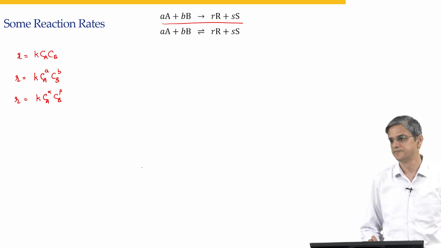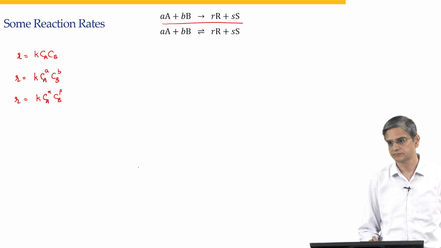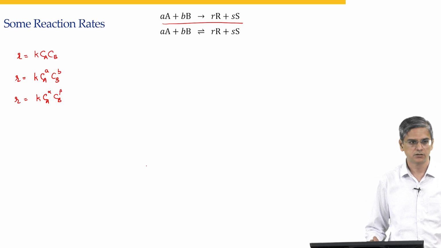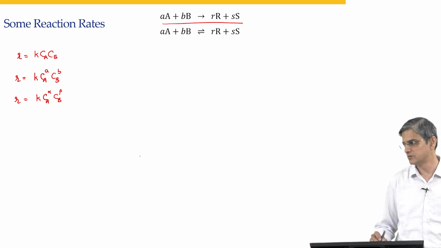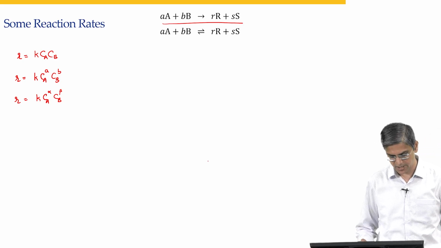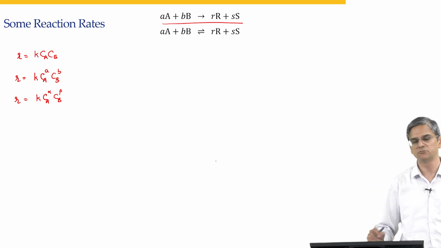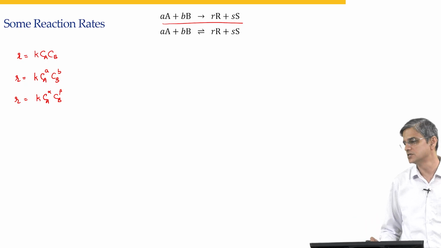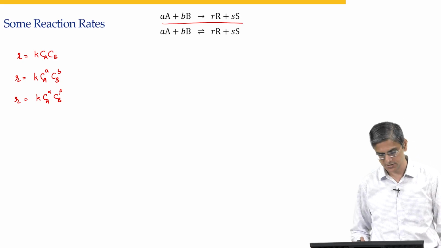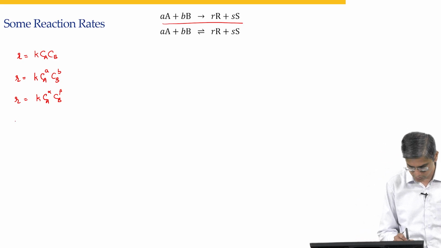What else? Other forms would be either the Langmuir-Hinshelwood type if it is solid catalyzed, or if it is a gas phase system which involves free radical mechanism, then it might also have complex dependence. If it is enzymatic, we talked about Michaelis-Menten.